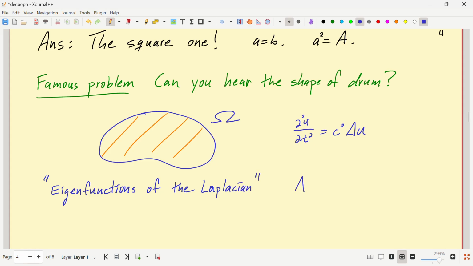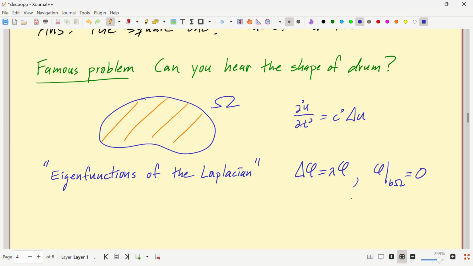They're functions such that the Laplacian of phi is equal to lambda times phi, and phi on the boundary of omega is 0 on the edges. Those are called the eigenfunctions of the Laplacian. And those lambdas determine the pitches of the overtones.